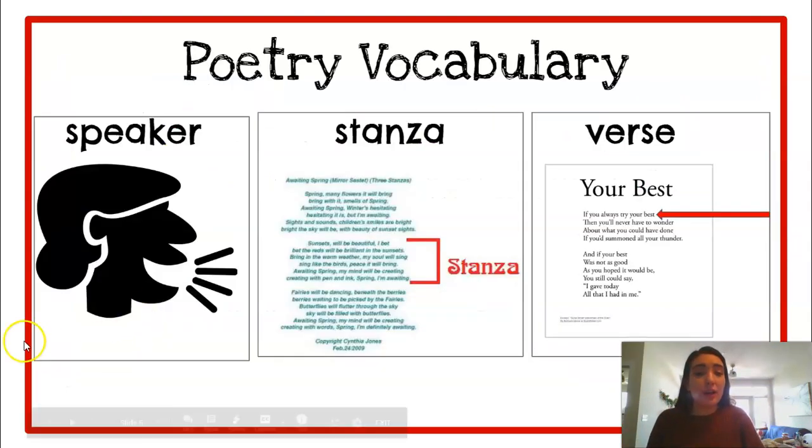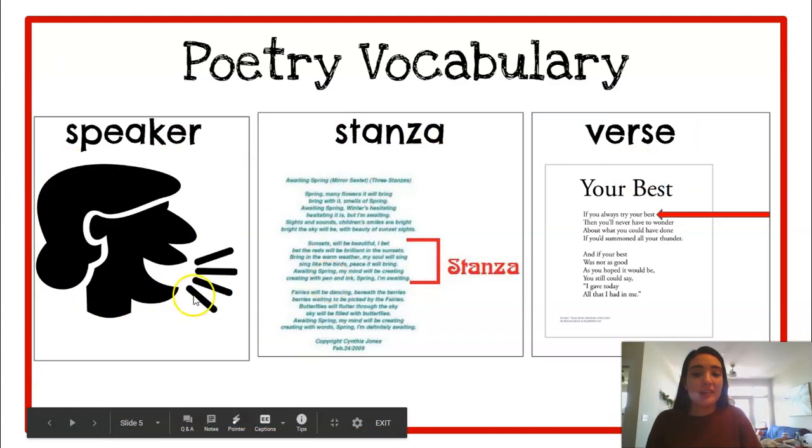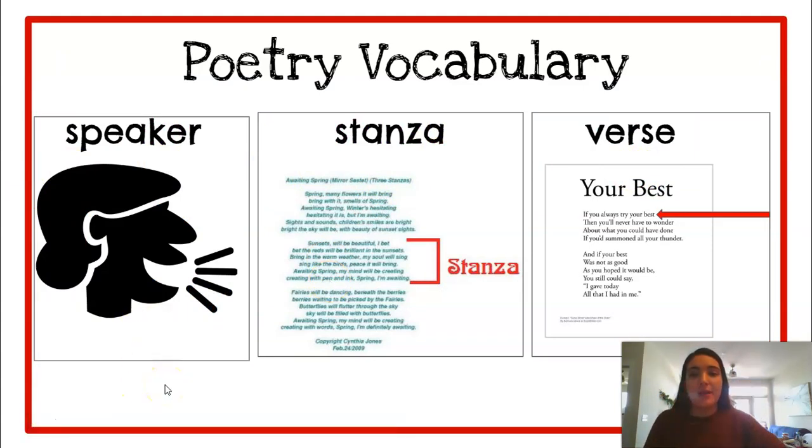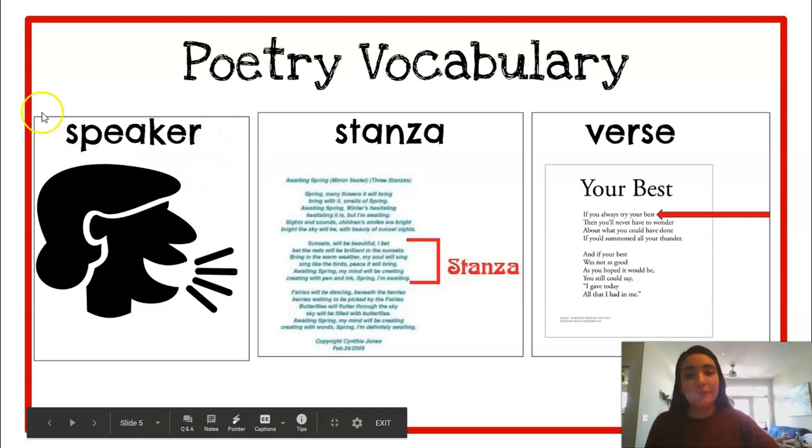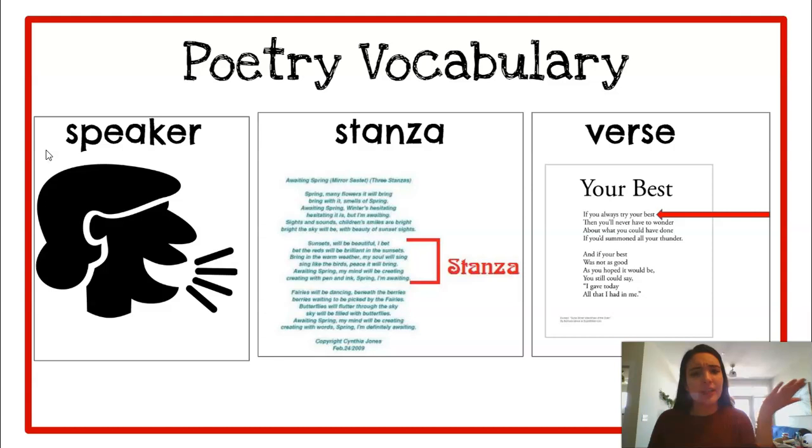All right, so we've talked about our 3 bold words. These are the words that you're going to be looking for today. The first word is a speaker. And who is a speaker in a poem? It's who's talking to the reader. A stanza, you can see right here, is a group of verses. And a verse is just one.